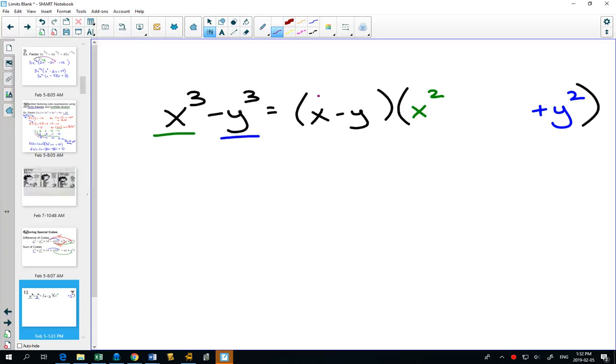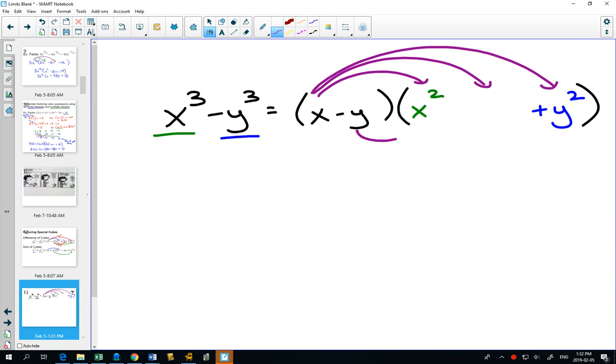Because then my negative y hits. I think about there's something in the middle. If this is all multiplied out, there has to be something in the middle so that they all cancel out in the end. This first arrow gets my x cubed. My last arrow here will get me a positive xy squared.